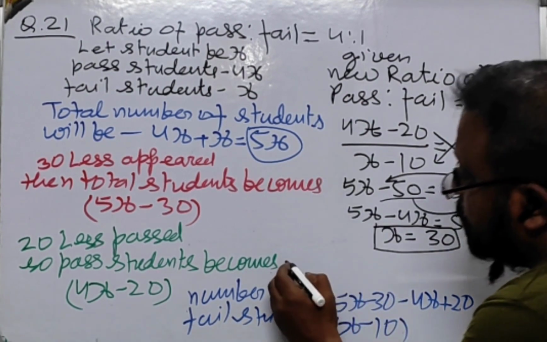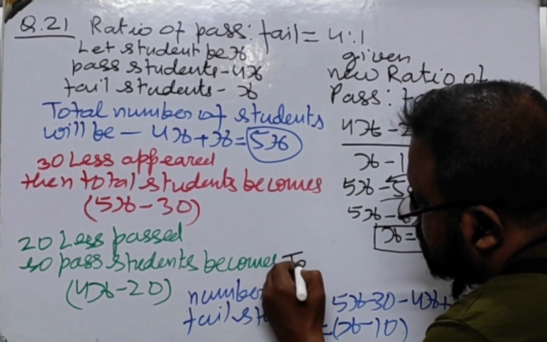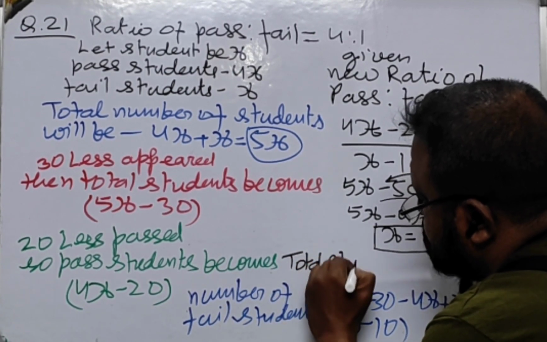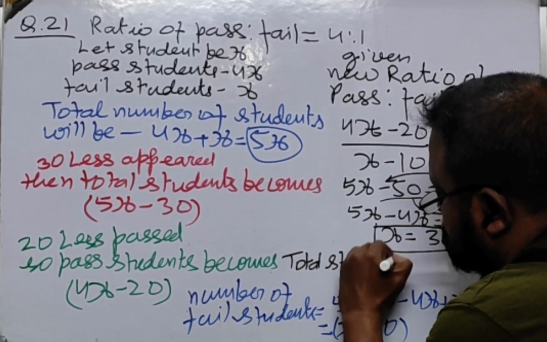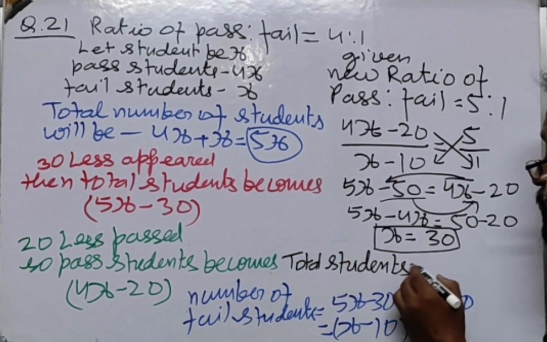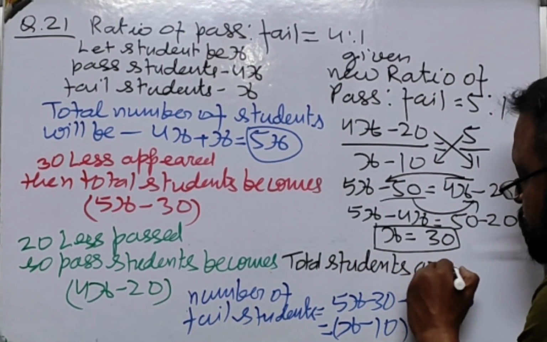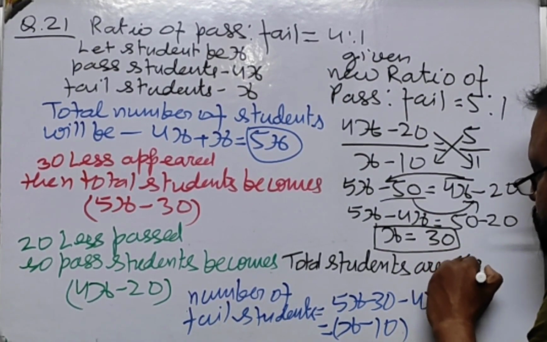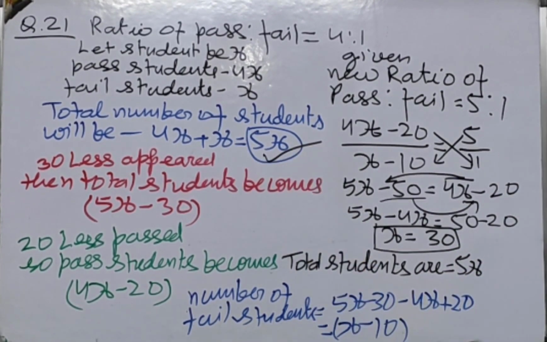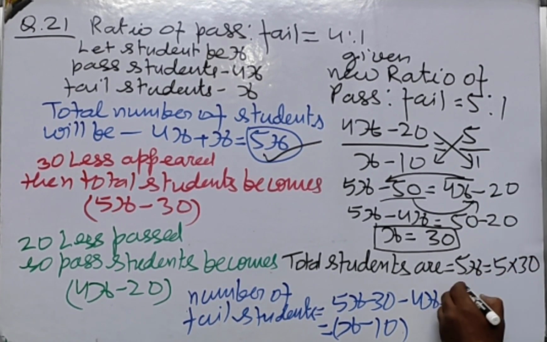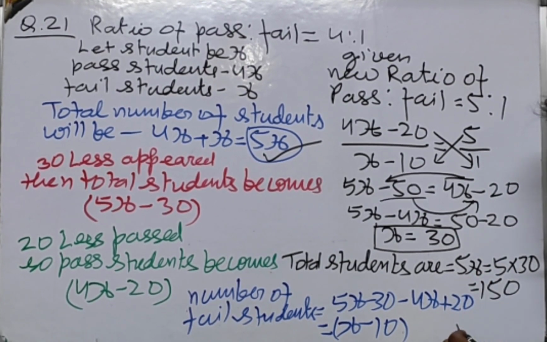Now total students is equal to 5x, so 5 into 30 is equal to 150 students.